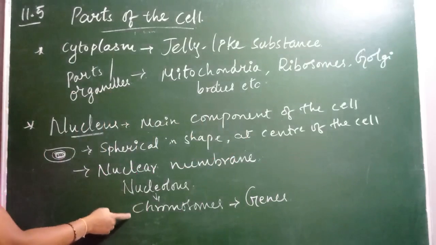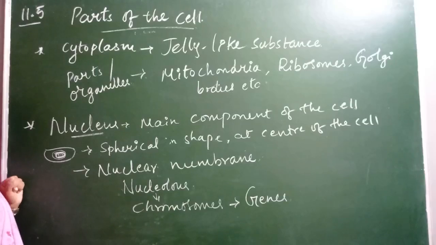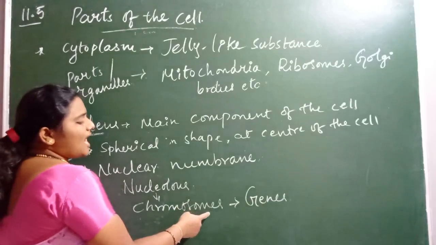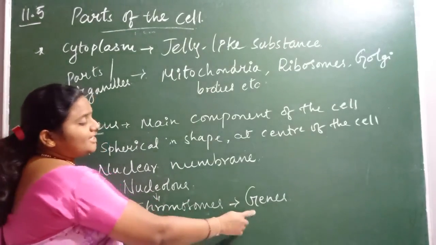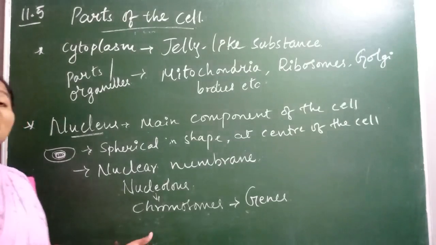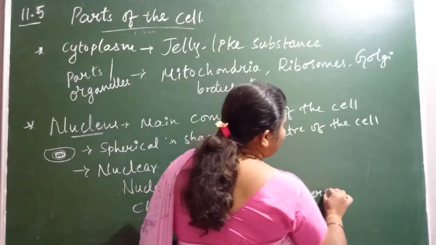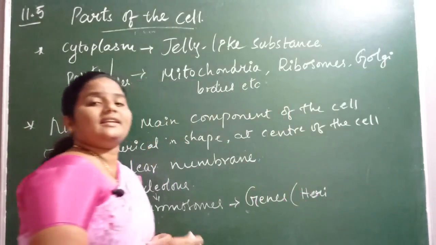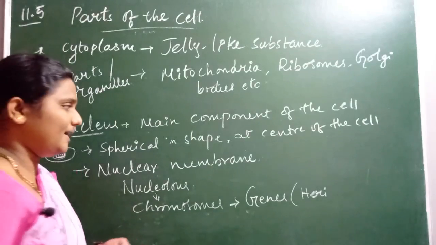These are still smaller parts which are present in the nucleus, and genes are nothing but hereditary units, children. Means they are helpful in transferring the characteristics from parents to their offspring.